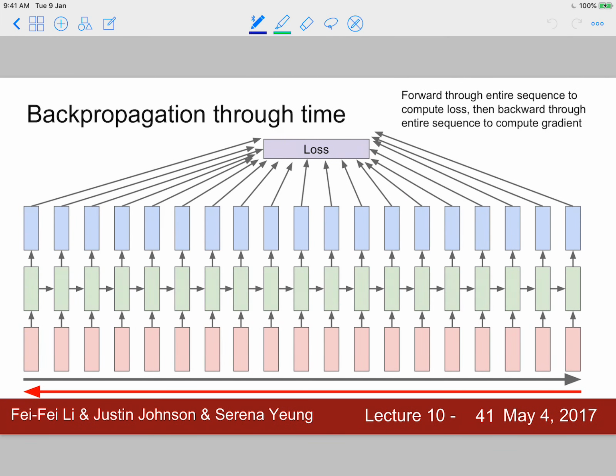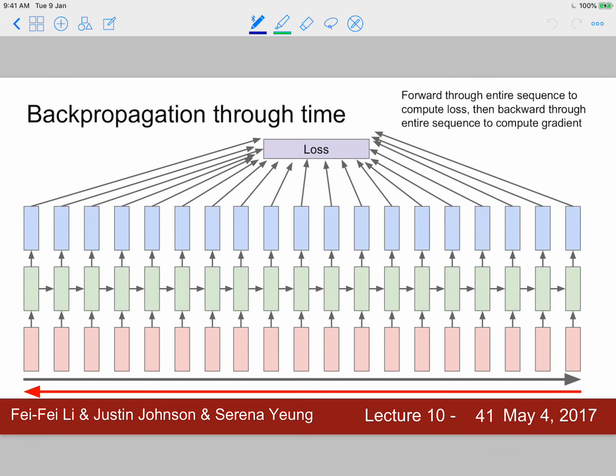So moving from ht to ht minus 1, we have to backpropagate through the tanh layer, and then also through this linear combination layer, which will produce the gradient as b.